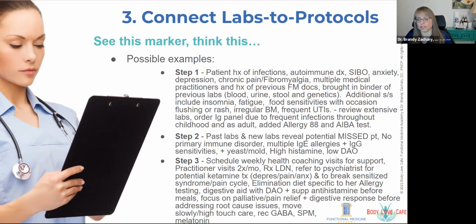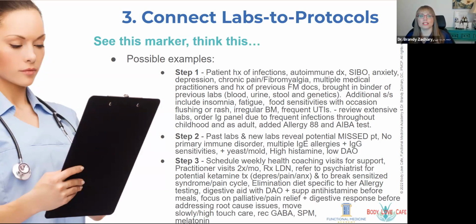If you're not familiar with some of that research, I taught that in the recent depression class. And also to try to break that sensitized syndrome and regional pain syndrome cycle. So that's not in our office, but there are clinics we can refer them to. Elimination diet that was created specific to her allergy testing, provided a digestive aid with DAO plus a supplemental version, antihistamine before meals.